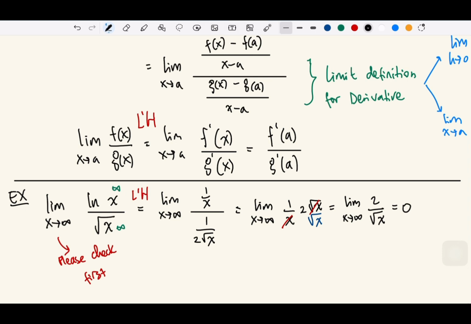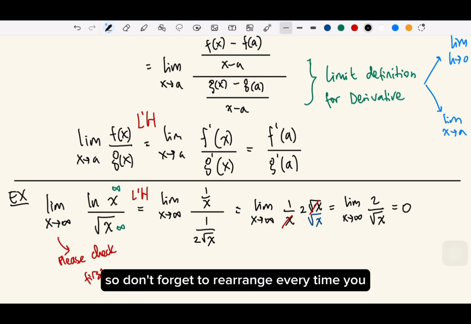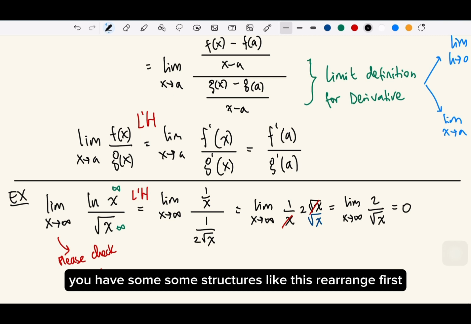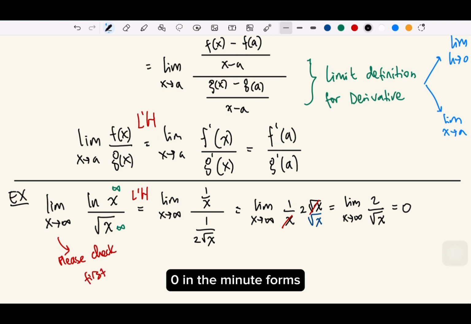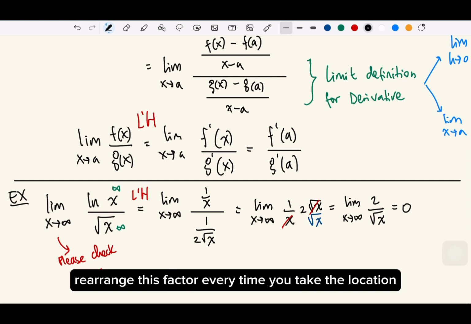Okay. So don't forget to rearrange every time you have some structures like this. Rearrange first. Sometimes this is intimidating, oh, we see the 0 over 0 indeterminate form. But rather, just slowly rearrange the structure every time you take the L'Hopital. Okay?